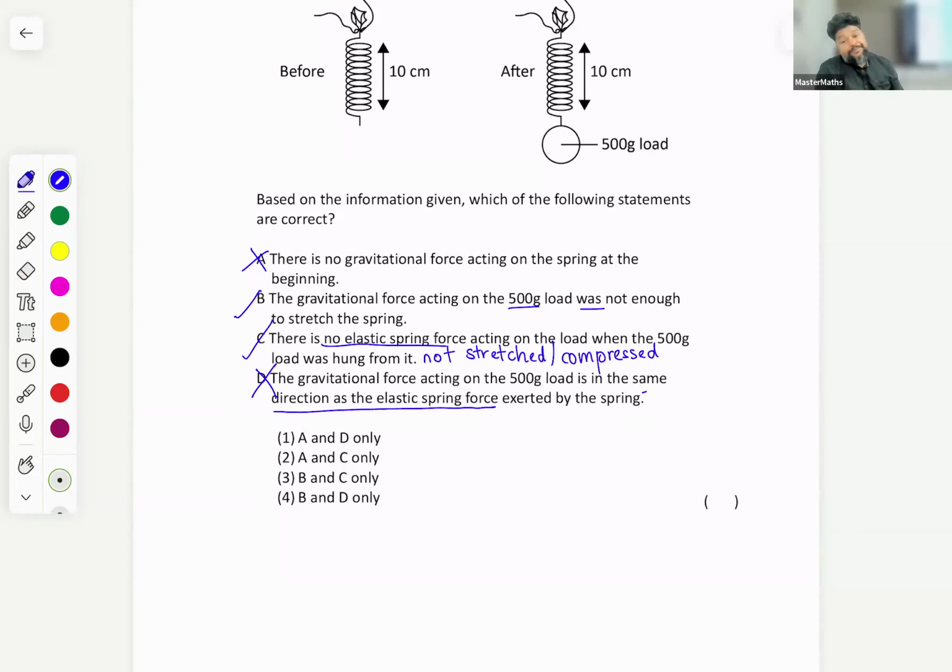I know why D is wrong. For the very simple reason that there is no elastic spring force at all, right? So how can I talk about direction? Why is there no elastic spring force? It's not being stretched or compressed, exactly. So based on this is option number 3.